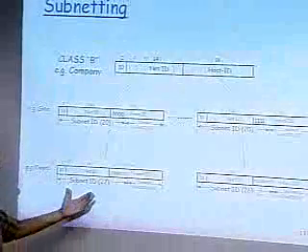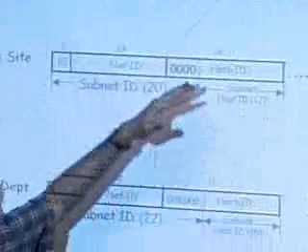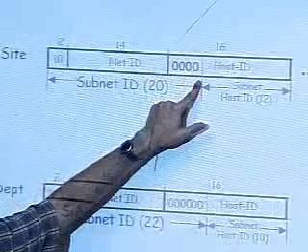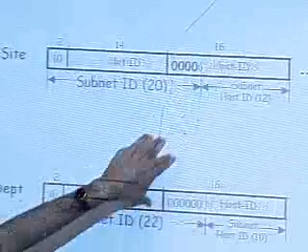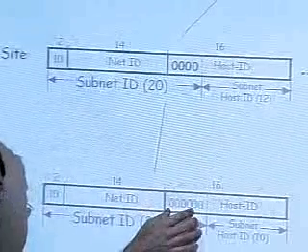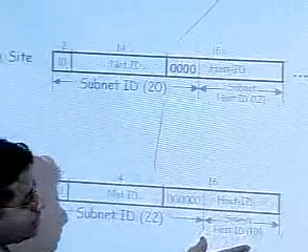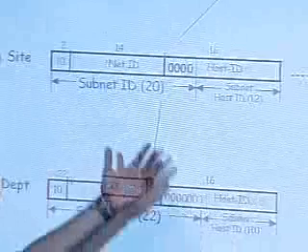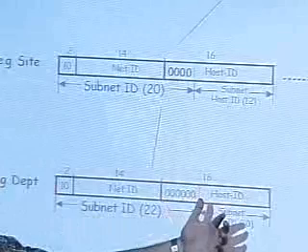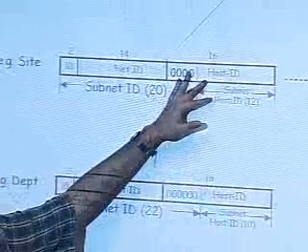And once you have these subnets, you can further divide that subnet. You can fix more bits. So when you started with this subnet, you fixed the first 4 bits to be 0. Within this subnet, you can have another subnet. The only point you have to remember is those original 4 bits are also fixed, and then you're fixing 2 more bits. Now you have a network within this subnet where you can have 2 raised to 10 different hosts, and you can have 4 such networks. And here you can have 16 such networks.